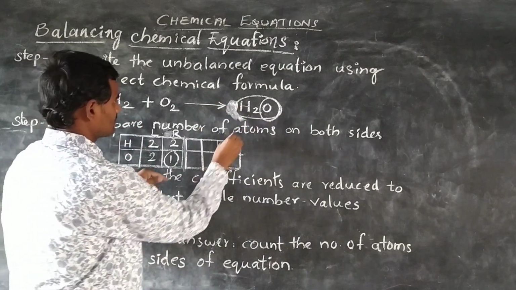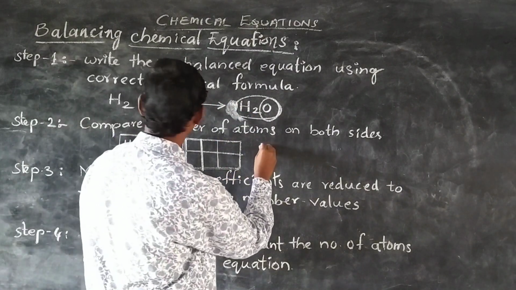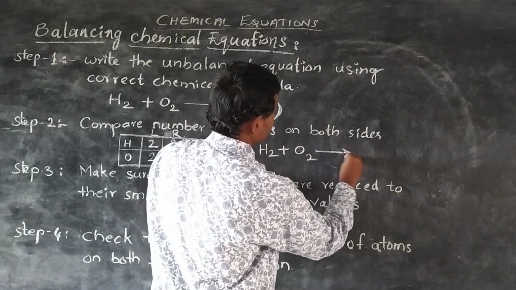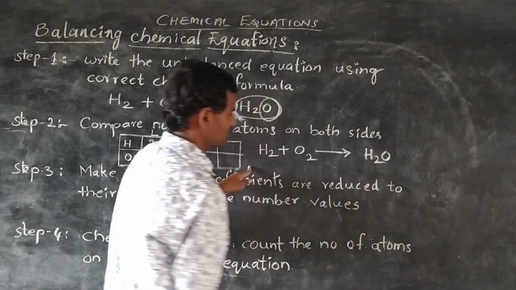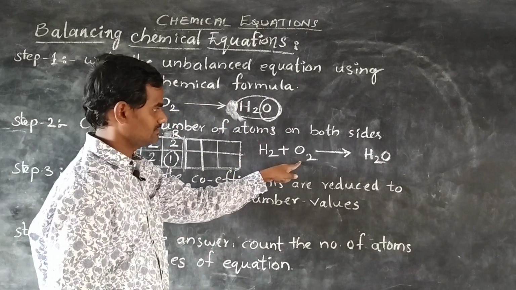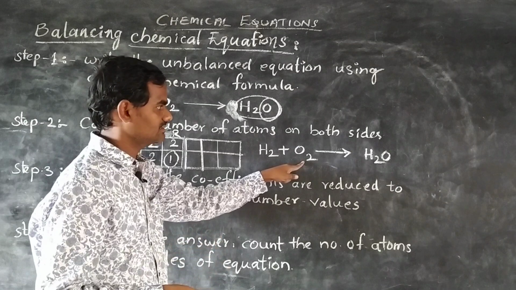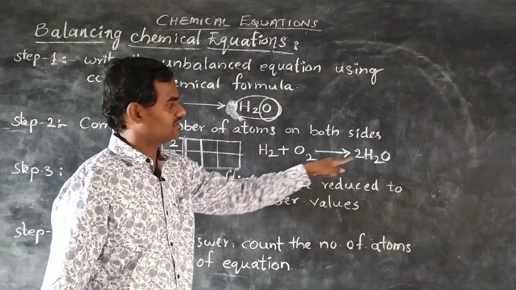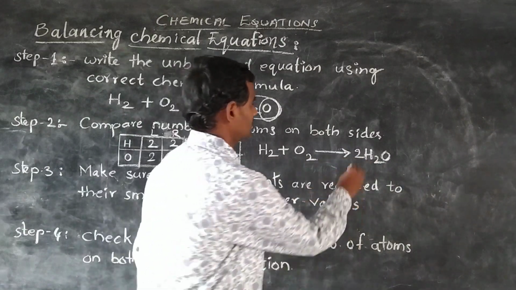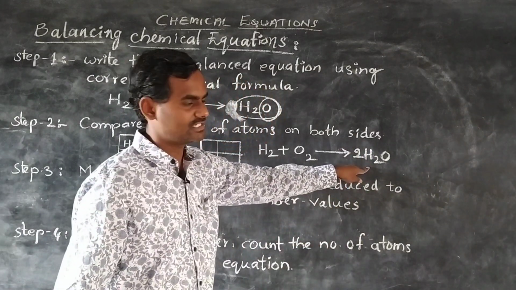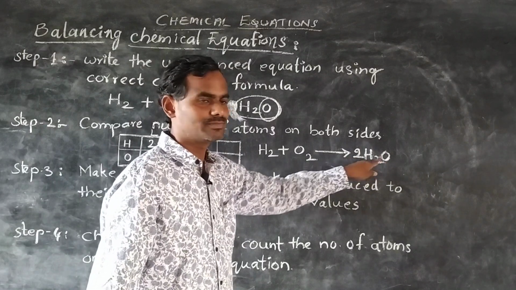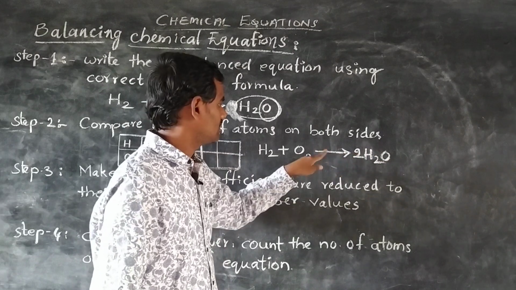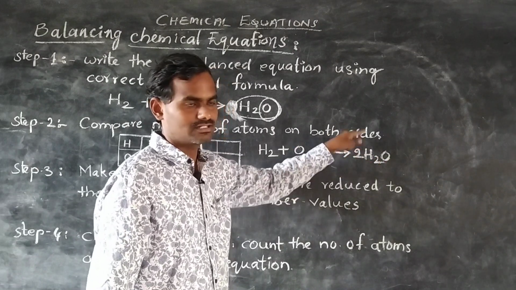After balancing we get hydrogen plus oxygen gives H2O with a coefficient 2 at the water molecule, so that the oxygens become equal: 2 oxygens on the left hand side and 2 oxygens on the right hand side.